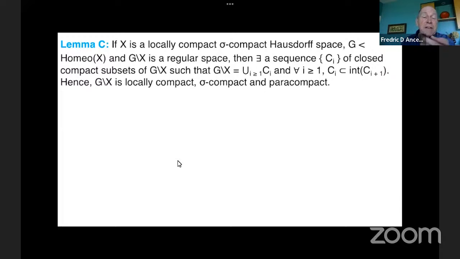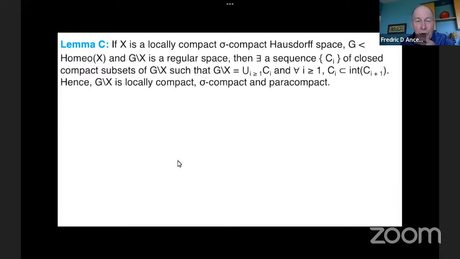That's enough in this situation to get that the orbit space is paracompact, and so that part of the whole thing is going to fall out. Then what this says is you can find a sequence of compact sets in the orbit space. The problem is the orbit space may not be Hausdorff. In fact, you want to be able to deal with group actions where the orbit space is not Hausdorff. It's a common occurrence.